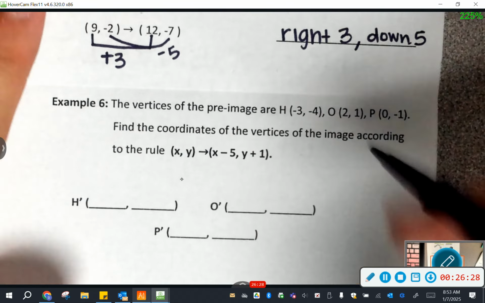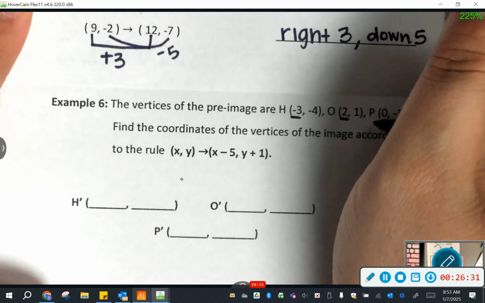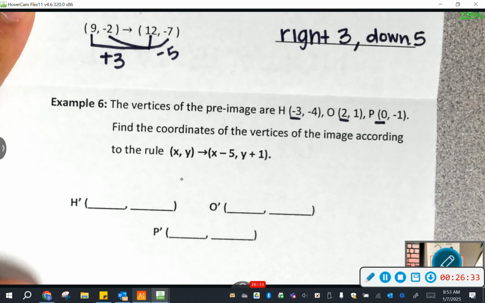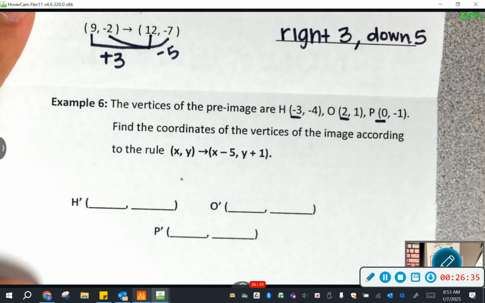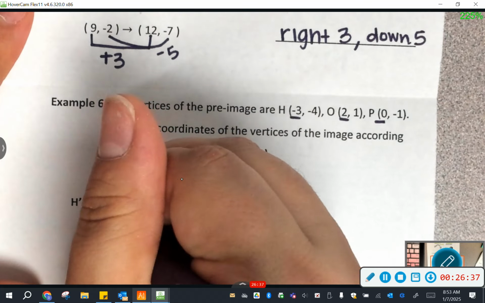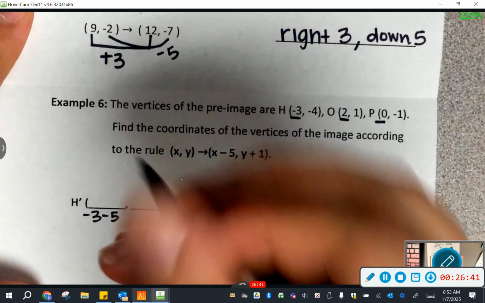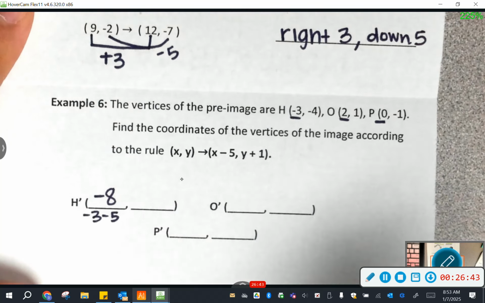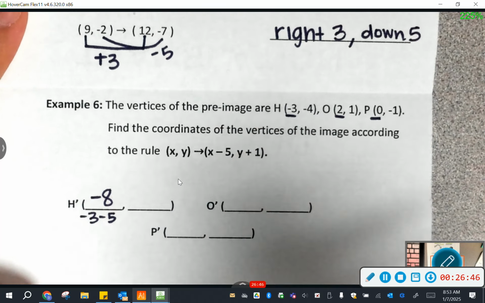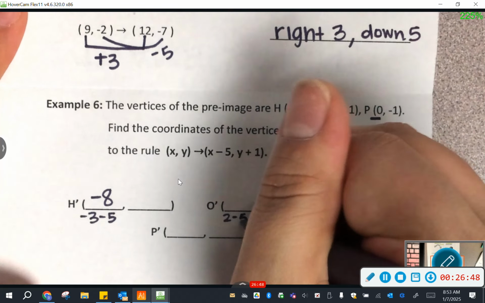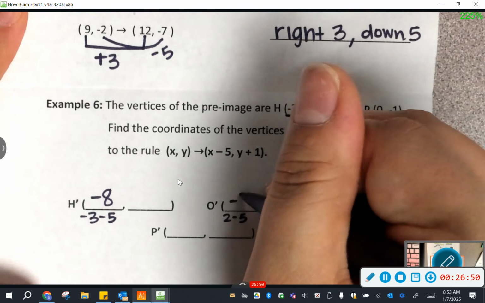So what am I going to do to all these x's right here? Subtract 5. So my first one is -3. What is -3 minus 5? -8 is my answer. Now I'm going to do the next x. 2 minus 5 is -3.